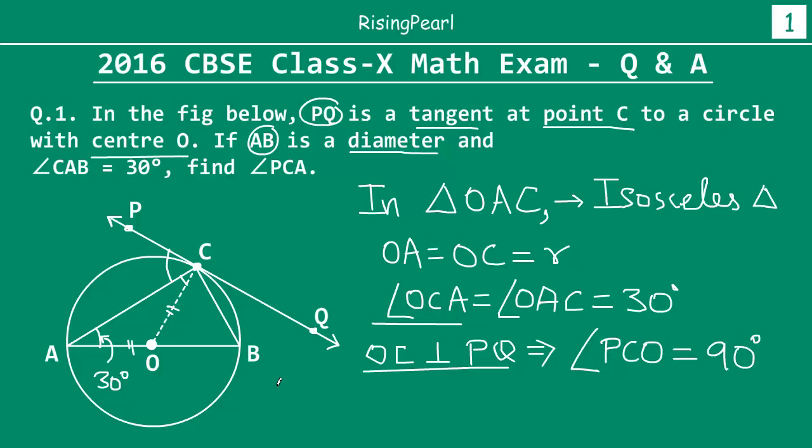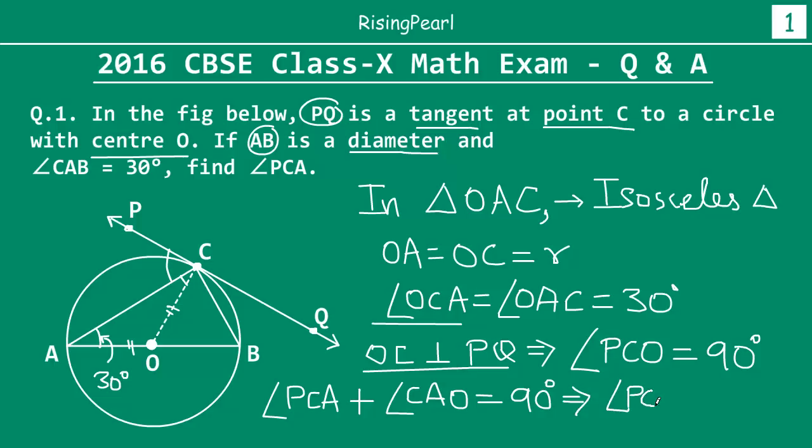Now, what is angle PCO? This angle PCO is 90 degrees, but angle PCO is made up of these two angles, that is angle PCA plus angle ACO.